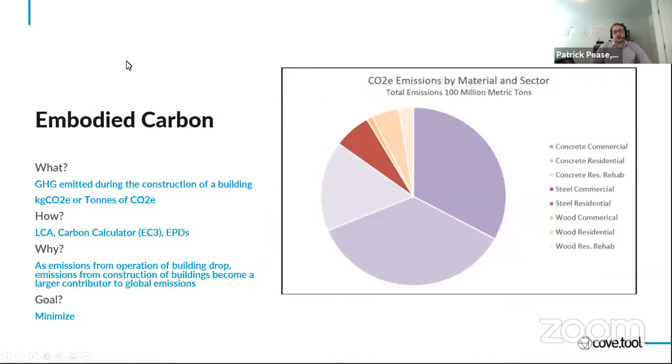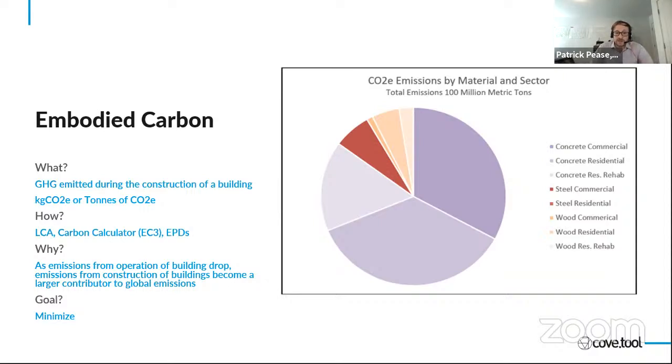And now we have embodied carbon, which is definitely newer on the scene when it comes to a metric, but very much an important one in the past 10 years for sure. And really this comes down to, as we emit fewer and fewer carbon emissions from operation of buildings, the emissions that go into making the building now stand up for a lot more.